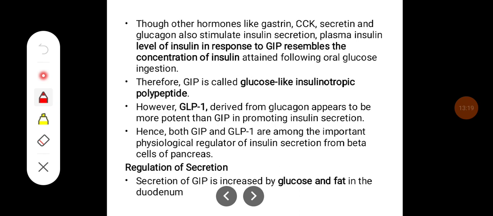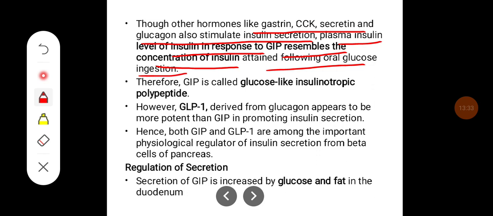Though other hormones like gastrin, CCK, secretin, and glucagon also stimulate insulin secretion, the plasma level of insulin in response to GIP resembles the concentration of insulin attained following oral glucose ingestion. Therefore, GIP is called glucose-dependent insulinotropic polypeptide.